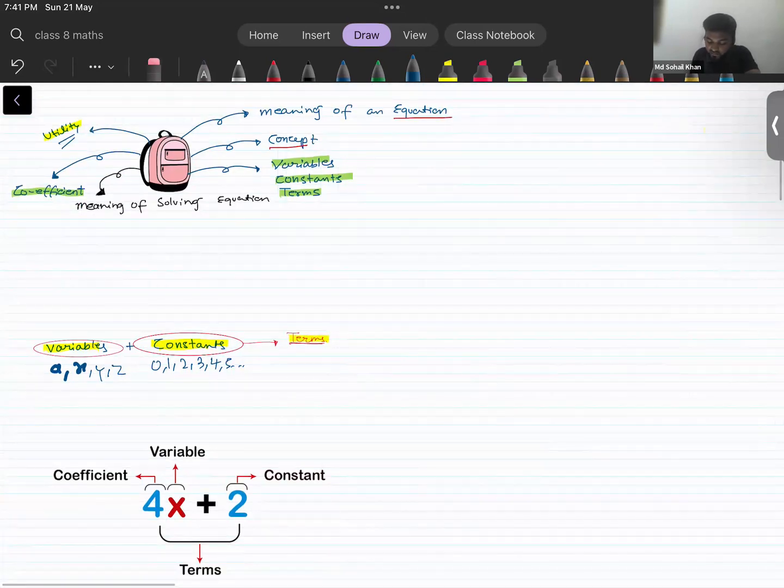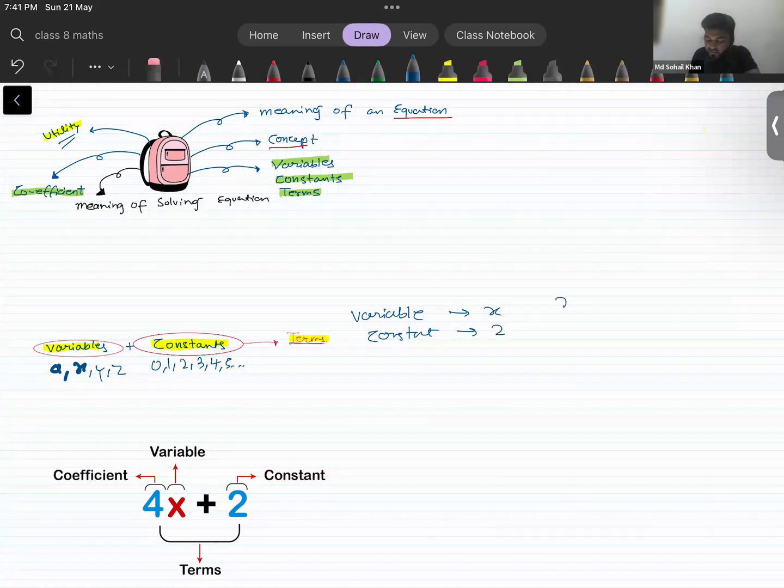Like if I provide you with a variable x and I provide you with a constant 2, we can add them, subtract them, multiply them, or divide them and get an expression.